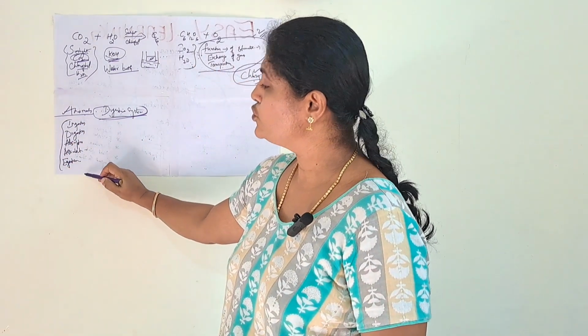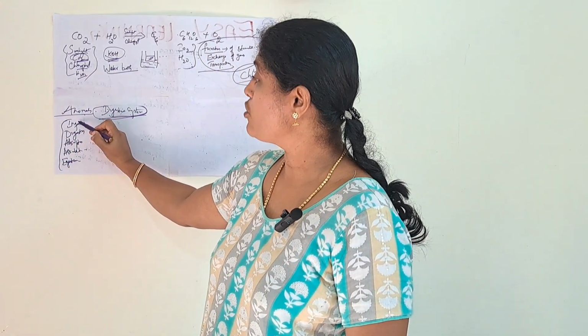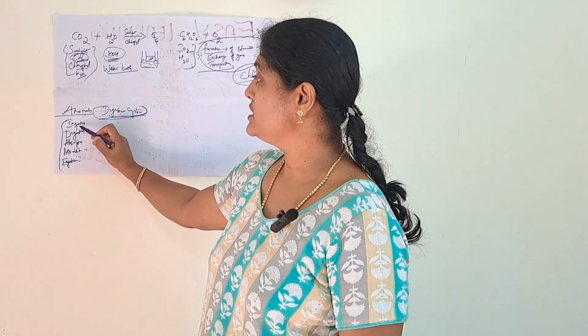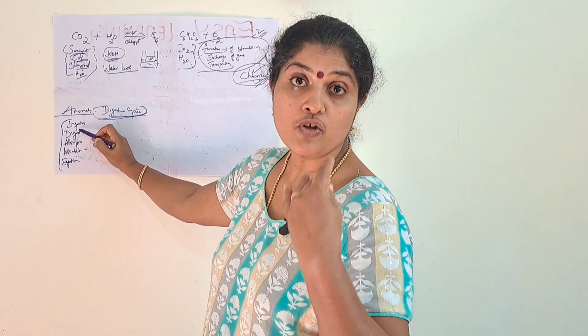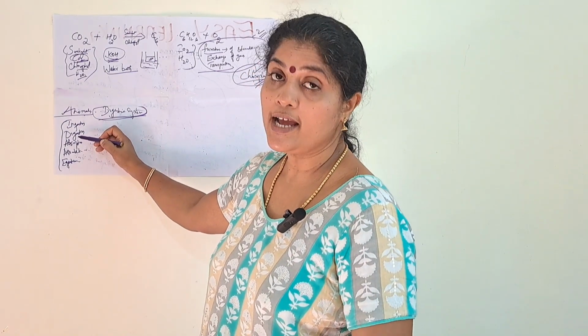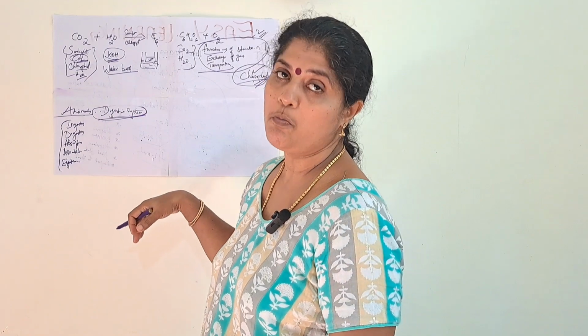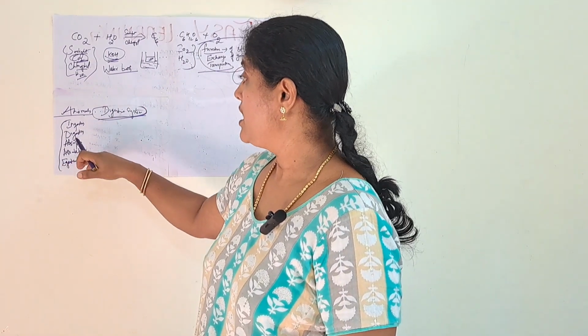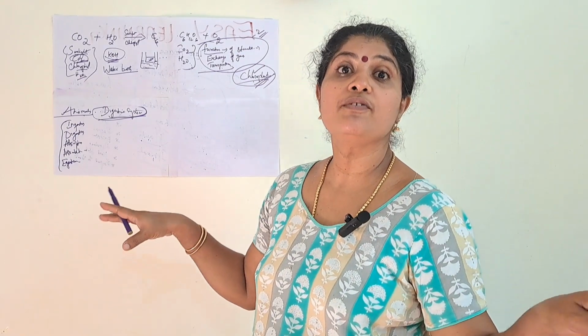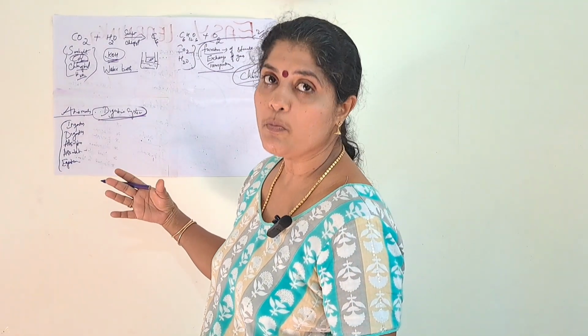These steps you cannot interchange because all these steps should be in this particular order only. Okay, first ingestion. Ingestion means the process of taking in food. Then it undergoes the digestion process. After digestion, it must be absorbed in our body with the help of the bloodstream, isn't it? So after the absorption, it should be assimilated to each and every area for the growth and repair of the body.